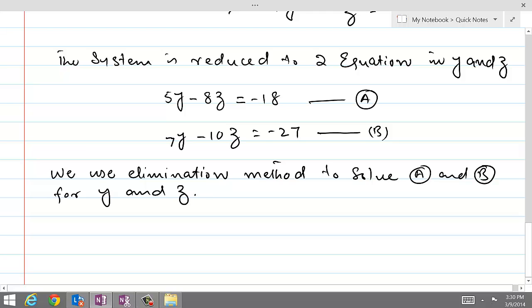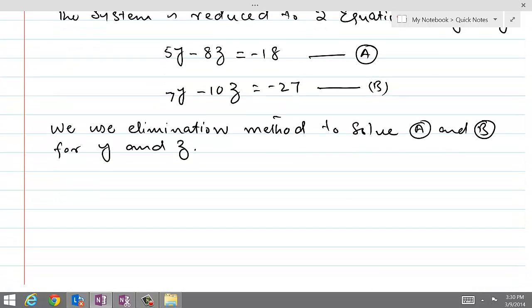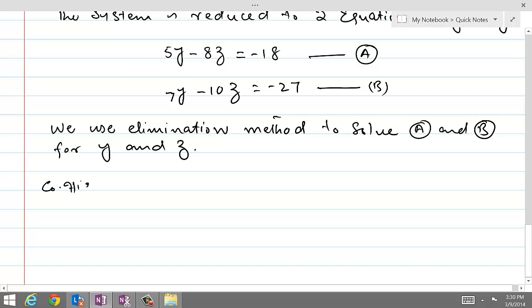And for that, what we do is we again take coefficient of y. And what is coefficient of y in A? That is 5. And what is coefficient of y in B? That is 7.